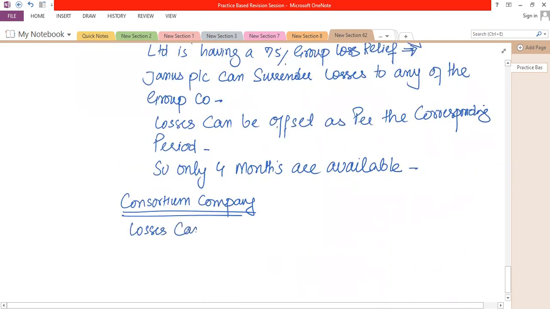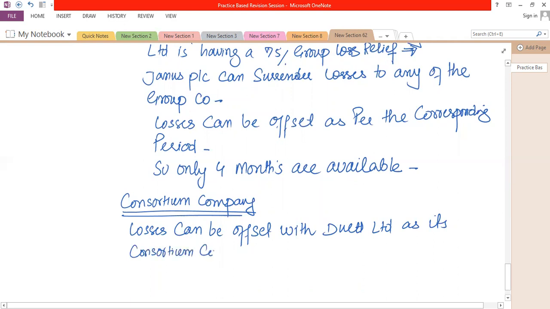Losses can be offset with Dute Limited as it's a consortium company. Why is it a consortium company?